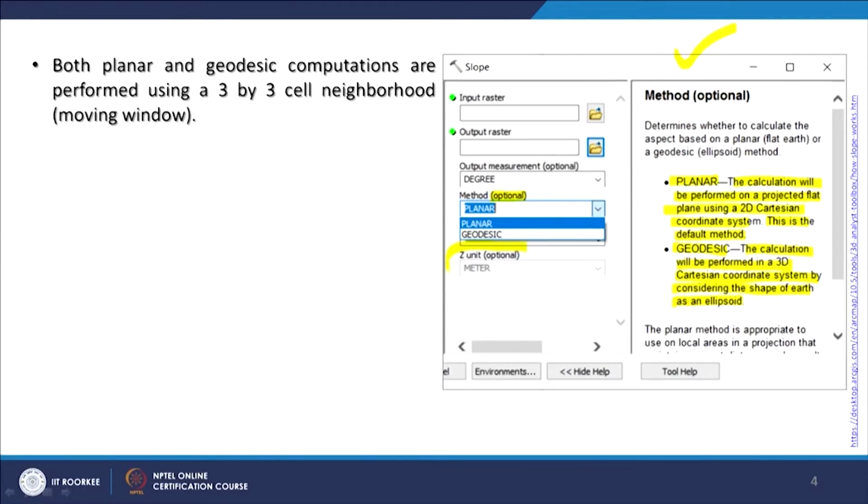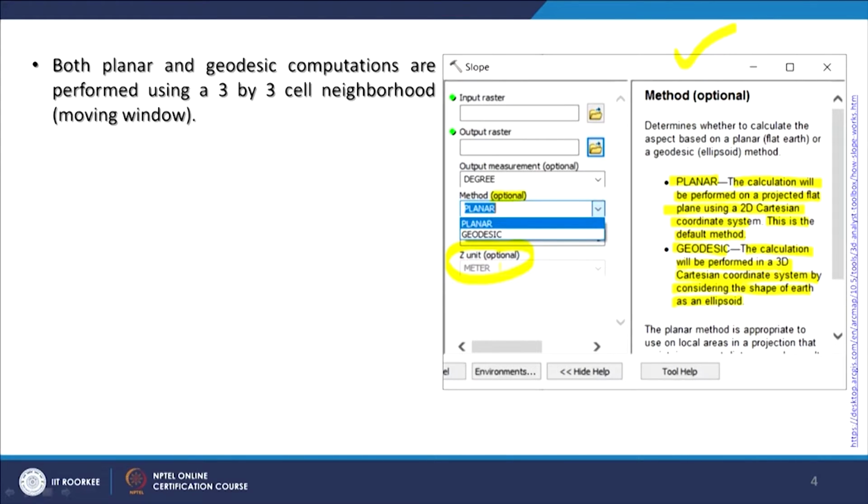And remember all the time the Z factor. Though it is written optional, when our digital elevation models are in decimal degrees and the cell values are in meters, we have to take care of this. We have already discussed this, and we will discuss it further when I demonstrate through a software.